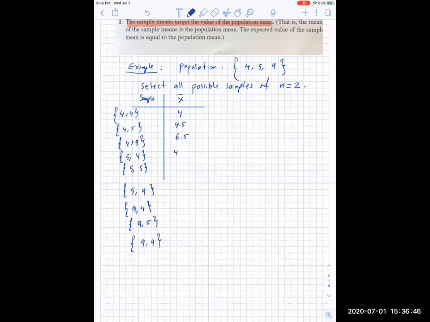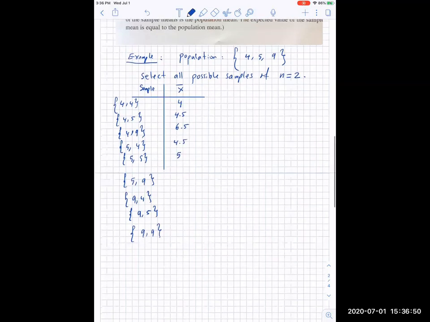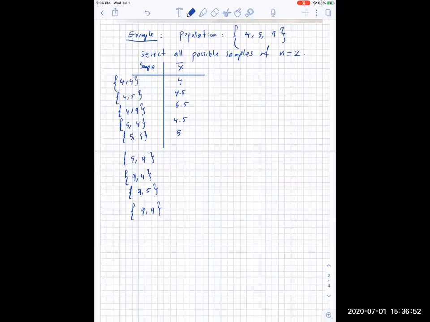Then 4.5, 5. Continue. 14 gives you 7. And then 13, 6.5. And then 14, another 7. And then 9.